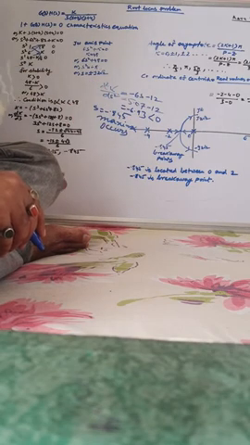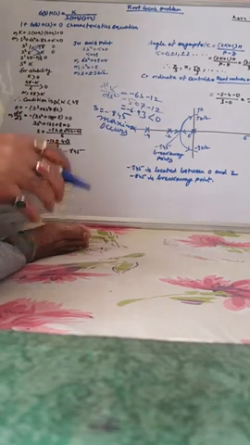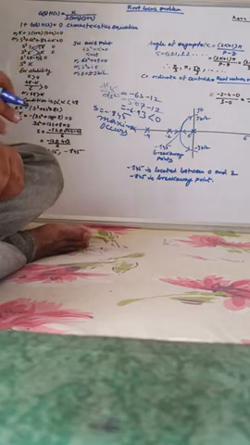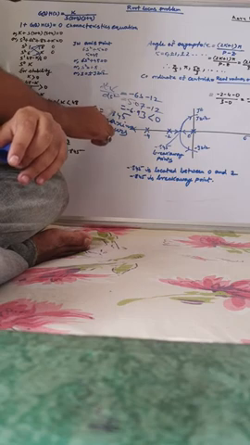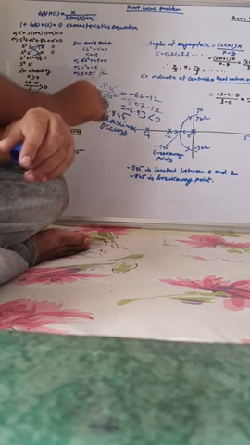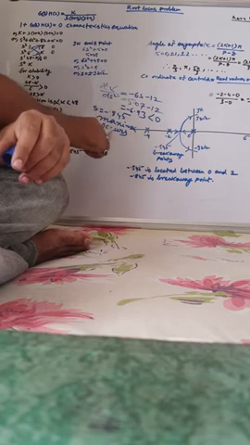So the maximum occurs. Now we have to find out the root locus plot. You can easily say that minus 0.845 is the breakaway point because at this point maximum occurs.